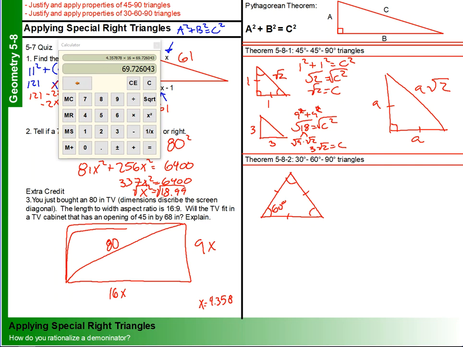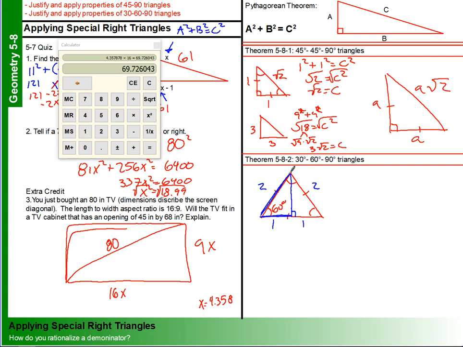Now, if I were to drop an altitude, that would break this in half. So that means this side length is half of this side length. So let's say we start out with a side length of 2. That means this is 1 and 1. Well, what is the height of the triangle?